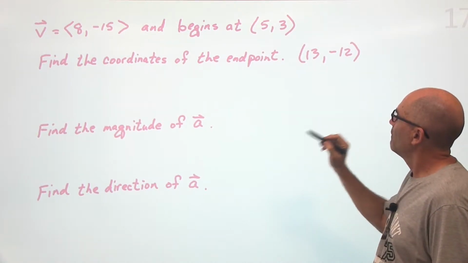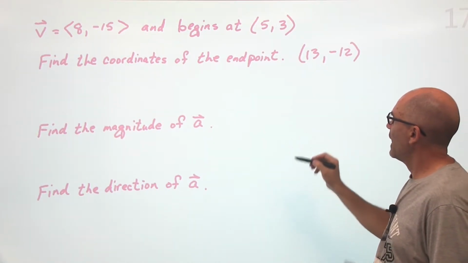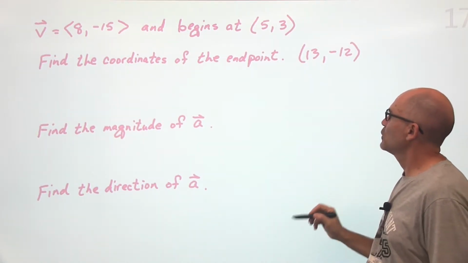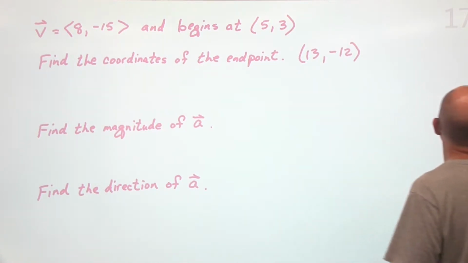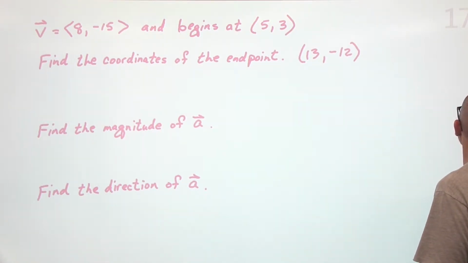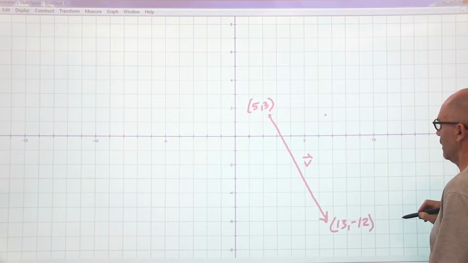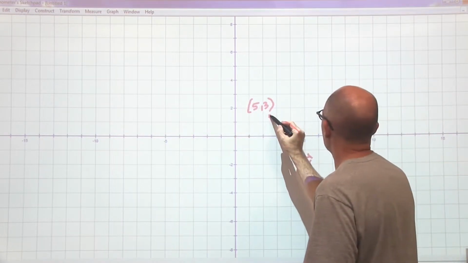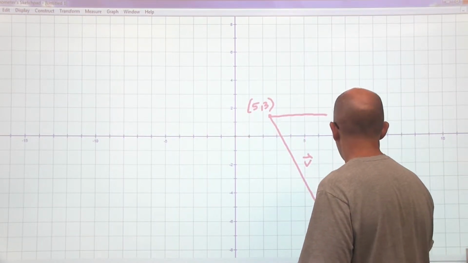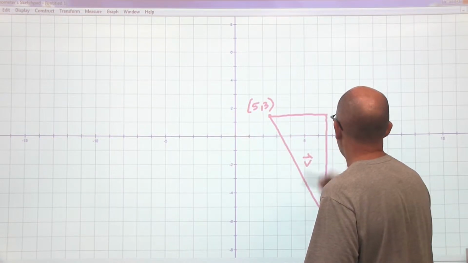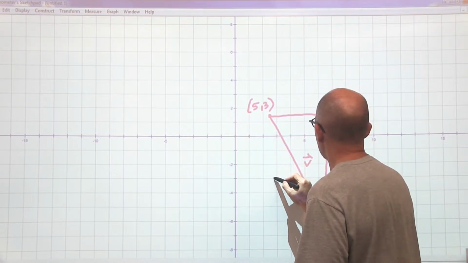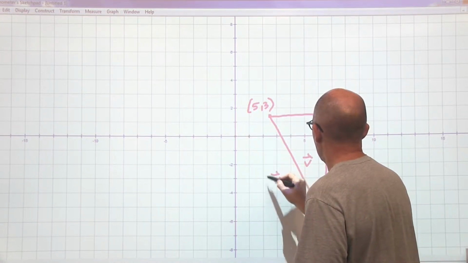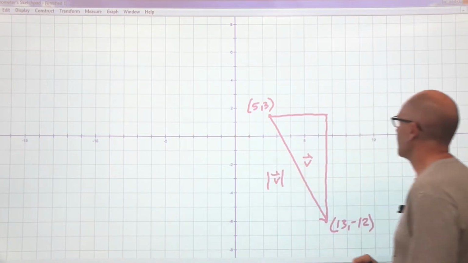Now, find the magnitude of A. Well, let's go back to the graph and you can see what I have is a triangle here. The magnitude of vector V is this.